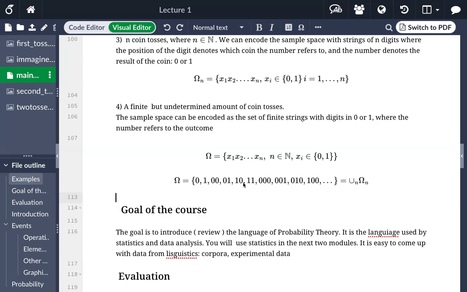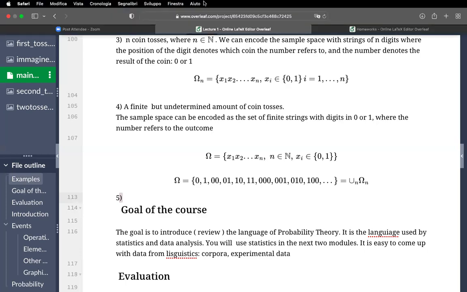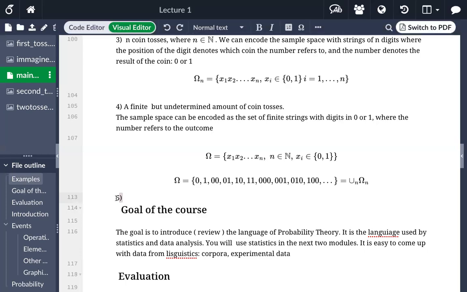You will have an exercise for next week, which has a similar sample space. So maybe if you have questions. Well, if not, I go on.